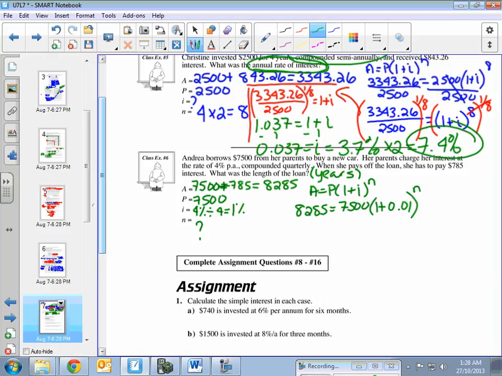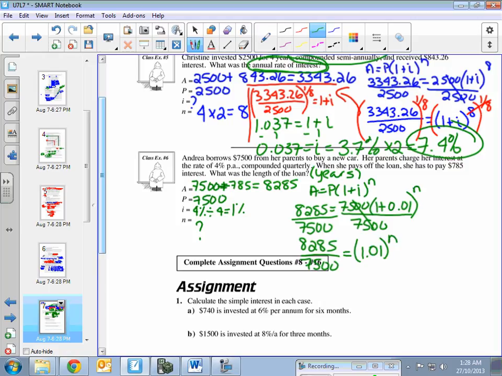I don't know what n is. So start this off the same, divide by 7500. So you have 8285 divided by 7500 is equal to 1.01 all to the exponent n.